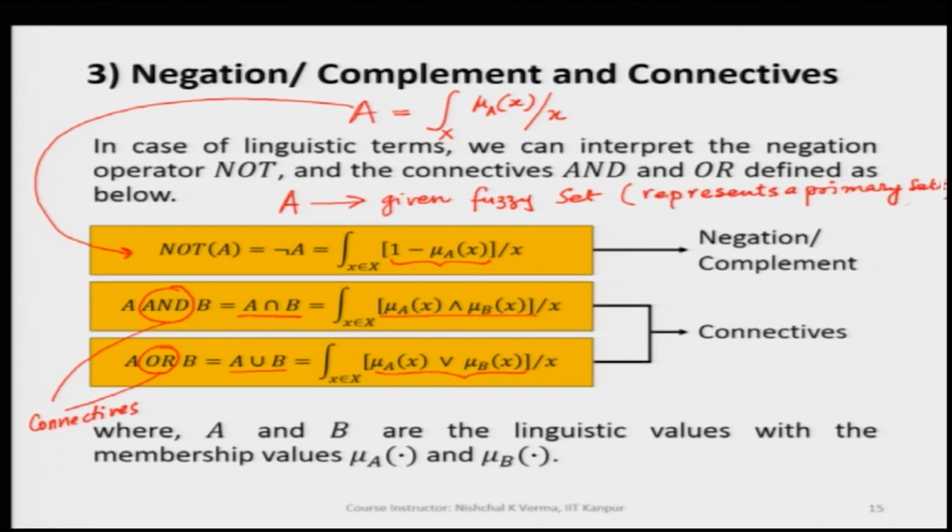So, any primary term set, any primary fuzzy set, any linguistic value can be converted into its hedges, or into other fuzzy sets with negation or with connectives, and we can get a new fuzzy set.